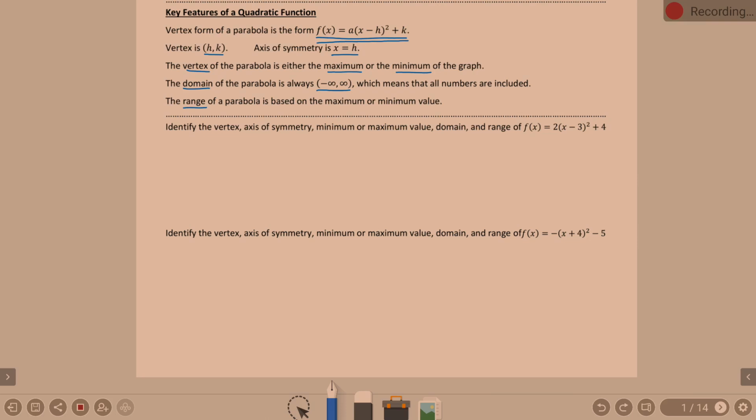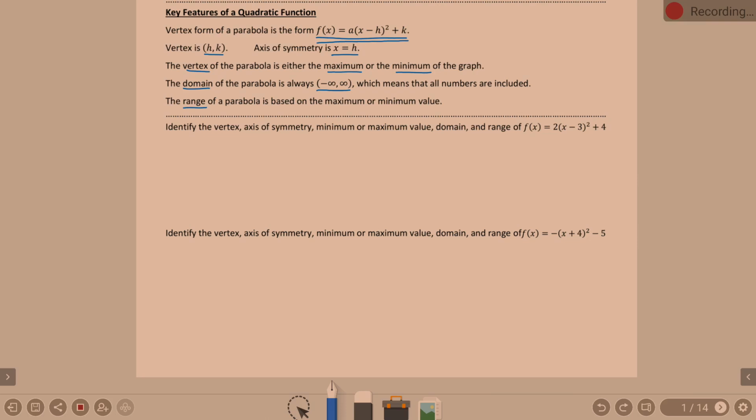I did mention you might see some 5-part questions in Savas. I haven't been in there to remember for sure, but if I have a problem set up like this here, you probably see something similar in Savas. Okay, so let's look at this. They're asking us to identify the vertex, axis of symmetry, min or max value, domain, and range of this graph.